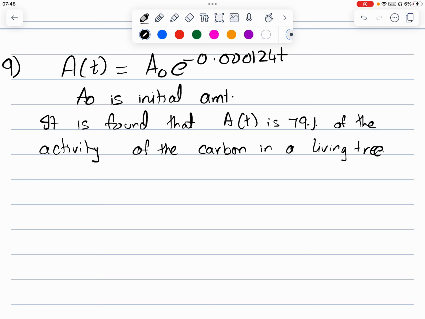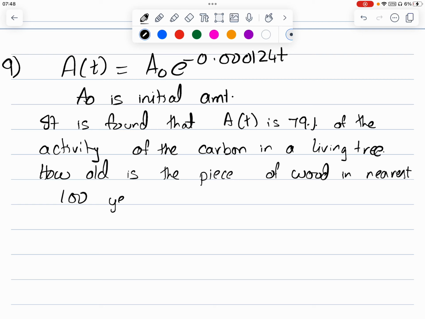How old is the piece of wood? He is asking how old is the piece of wood in years, to the nearest 100 years. If at all it is 79% of that one.